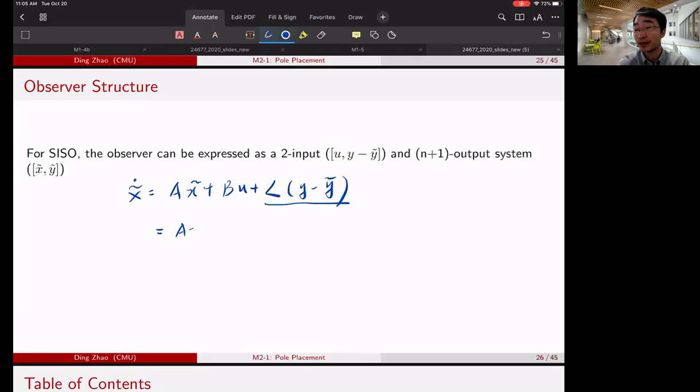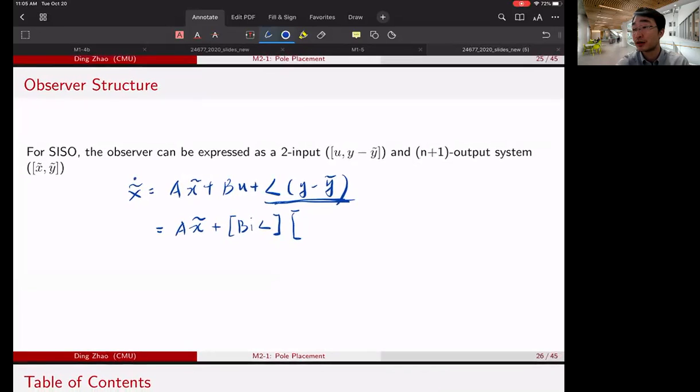This additional term is not in ABCD format, but you can do it in ABCD format: B concatenated with L, times u and y minus y tilde.